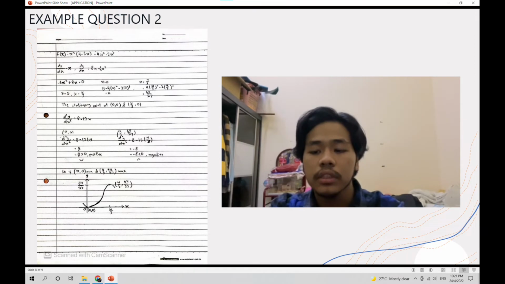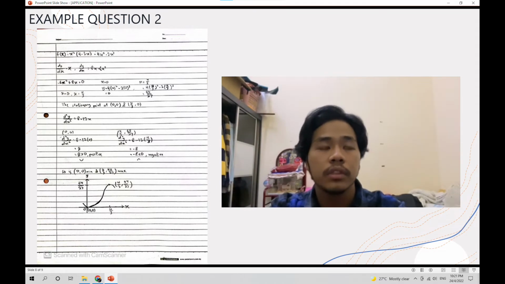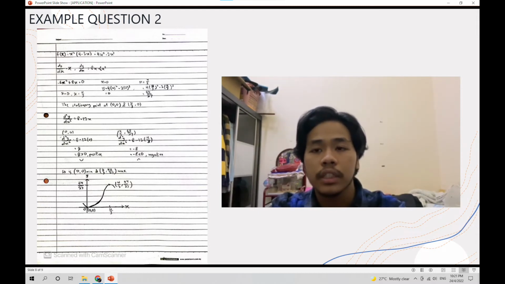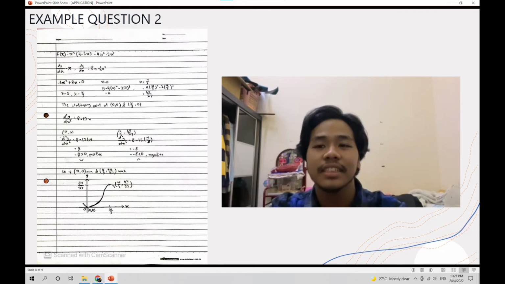So the question is, f(x) equal to x squared (4 minus 2x) equal to 4x squared minus 2x to the power of 3. How to solve it: dy per dx equal to 8x minus 6x squared.